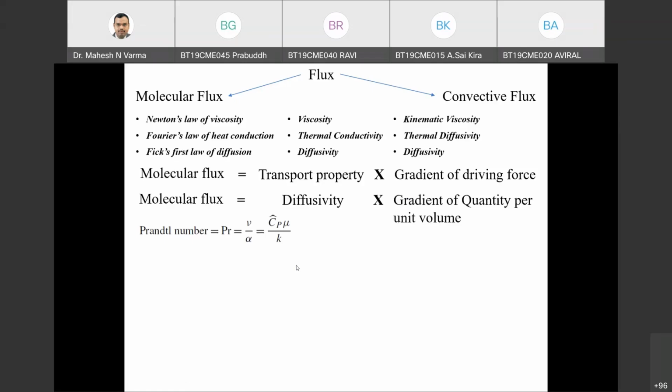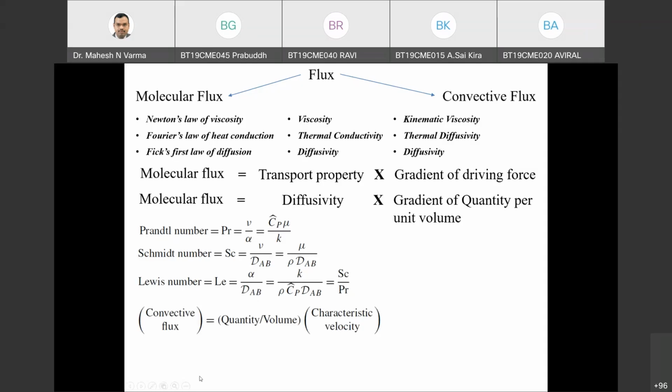Then we got the ratio of diffusivity in momentum transfer to heat transfer, rho Cp mu by K, that is the Prandtl number. Similarly, the ratio of diffusivity of momentum transfer to mass transfer, mu by rho D_AB, is the Schmidt number. And we have the Lewis number, the ratio of diffusivity of heat transfer and mass transfer. Lewis number is equal to Schmidt number divided by Prandtl number.